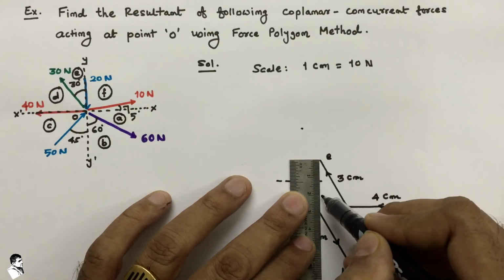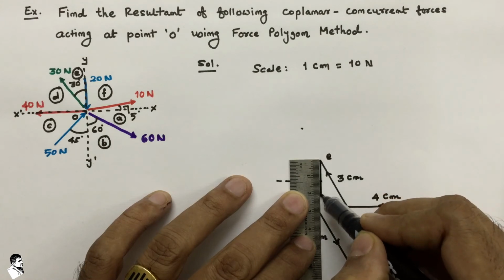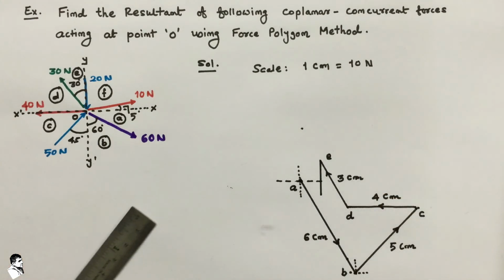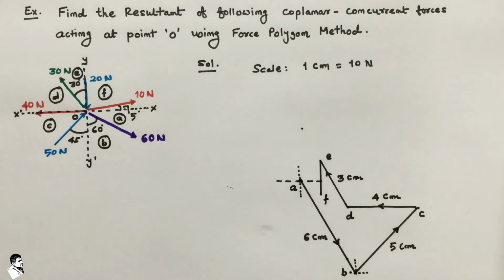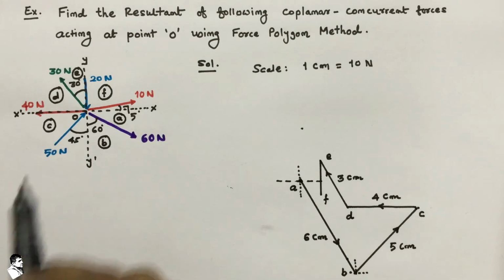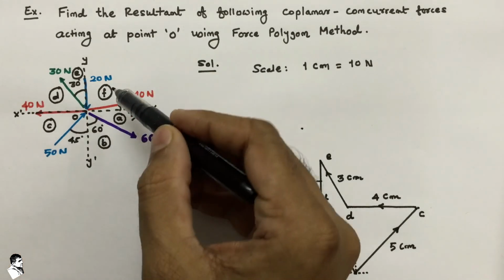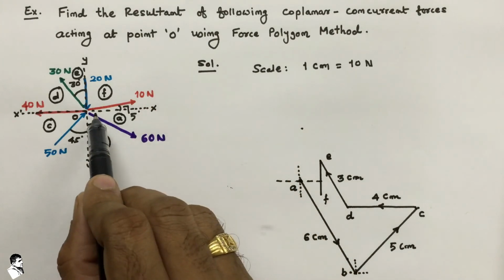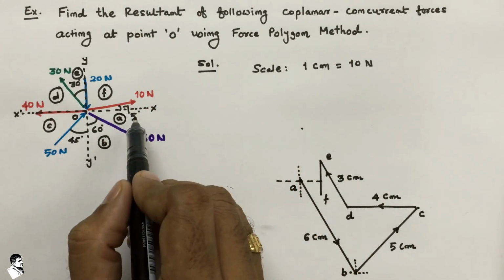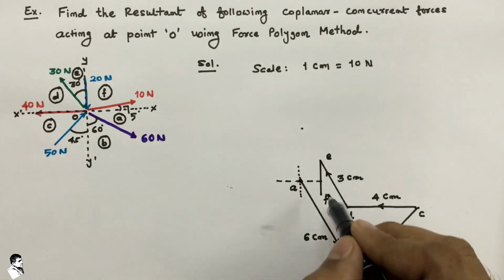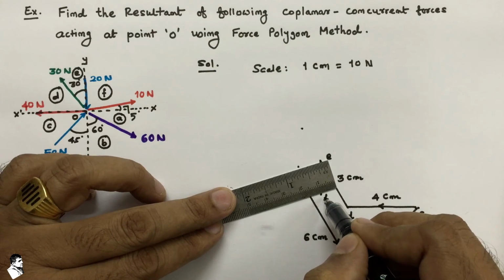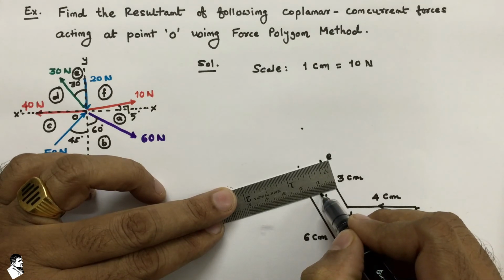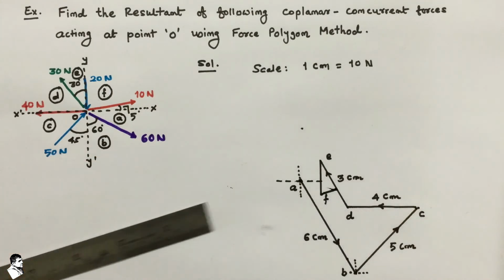We draw that line from here to here, and that point is F. Then F to A is a 10 Newton force at about a 5 degree angle, which means a 1 centimeter line.